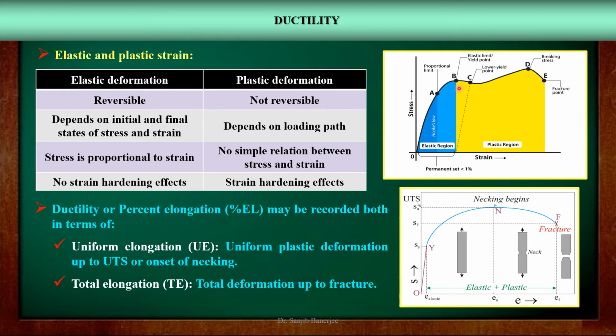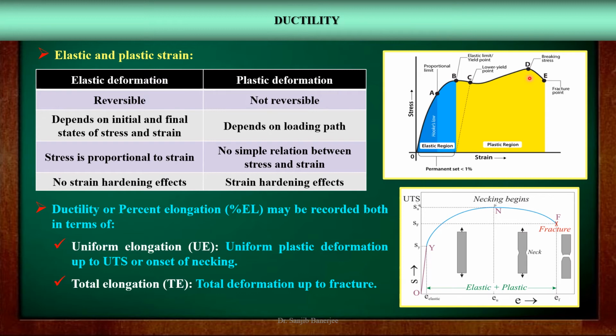Next, after point B or the yield point, the stress-strain curve moves up through the stage of strain hardening, reaches the maximum value which indicates the ultimate tensile strength or UTS. This is actually the maximum stress which the material can withstand.